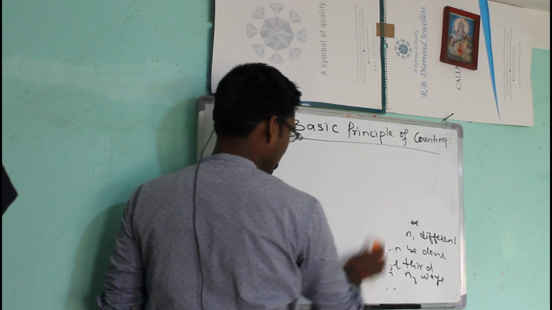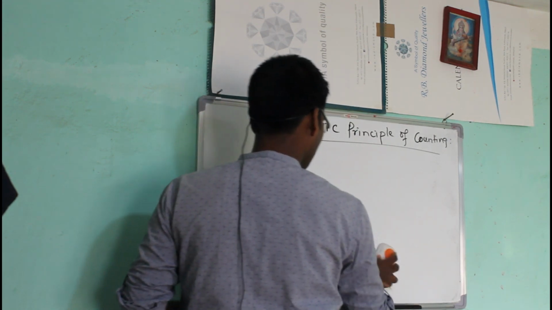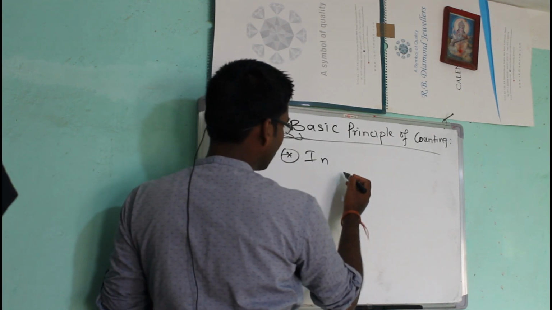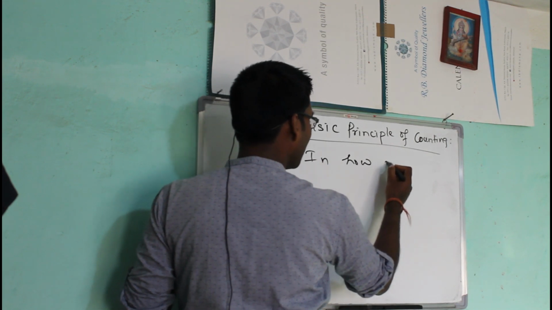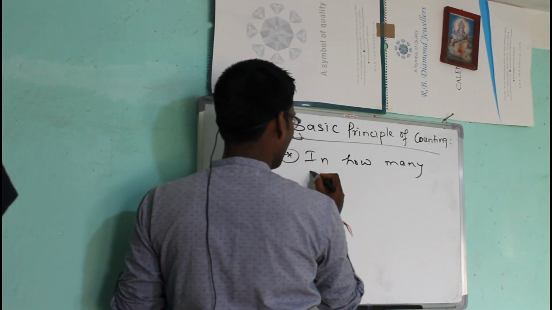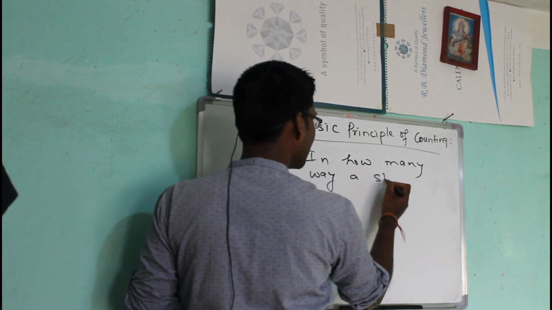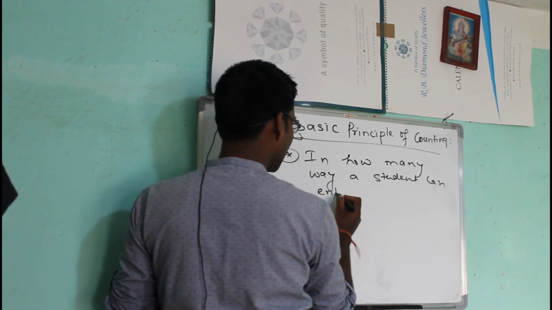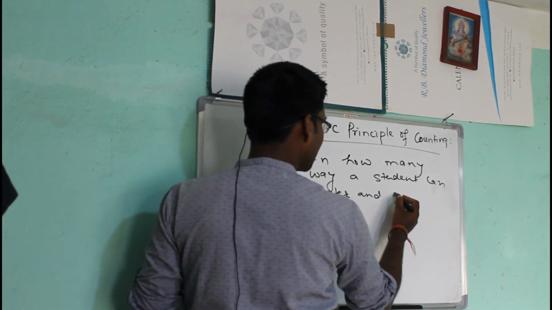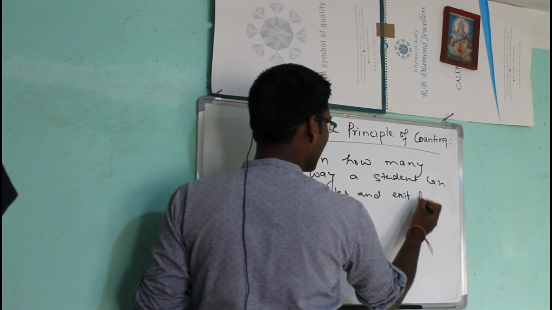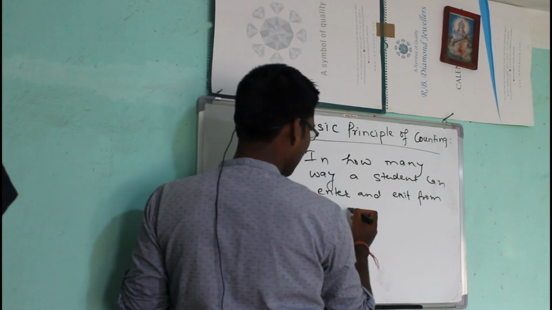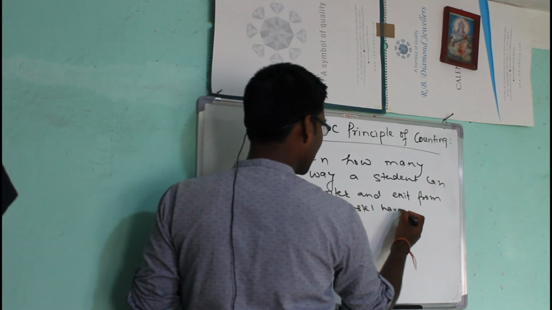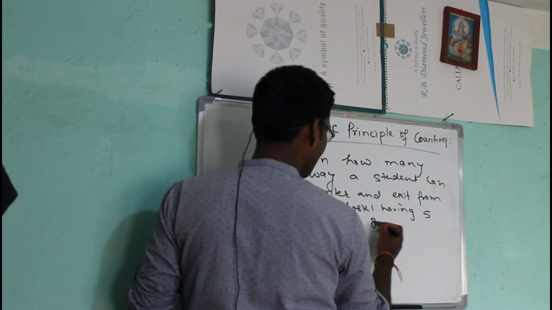Suppose we have first one question: I'll take one question and explain it. In how many ways can a student enter and exit from a hostel having 5 gates?